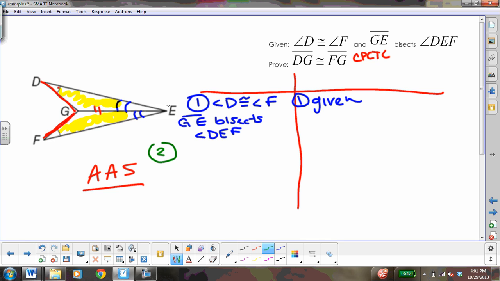Now again, I'm going to name this with 3 letters because otherwise it'll be a little confusing. DEG. So the measure of angle DEG equals the measure of angle FEG, because of the definition of bisect.